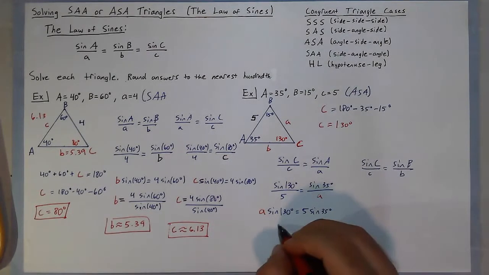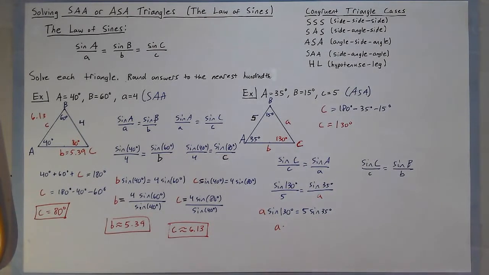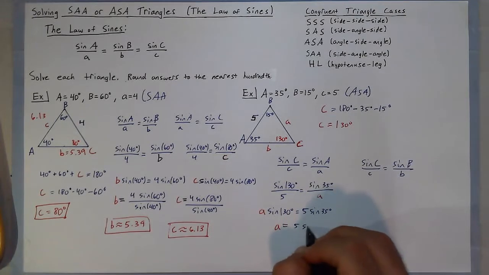So I can say that A is equal to 5 sine of 35 degrees over sine of 130 degrees.